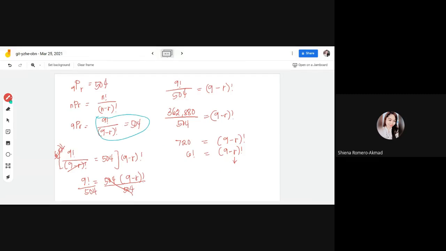Hindi nyo narinig. 3 po. So, R should be 3. So, para makuha natin yung 6 factorial, R should be 3. So, our R here is equal to 3. Okay? 9 minus 3 is 6. 6 factorial is equal to 6 factorial.